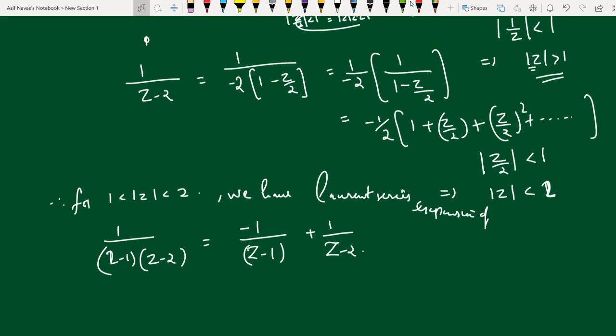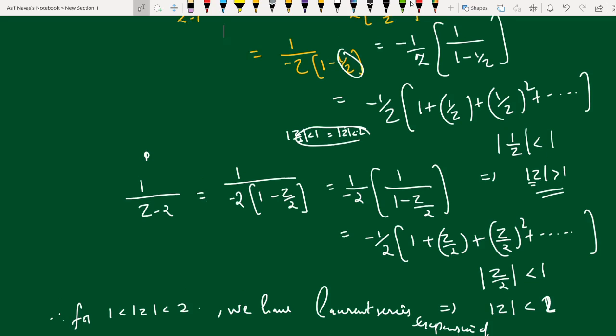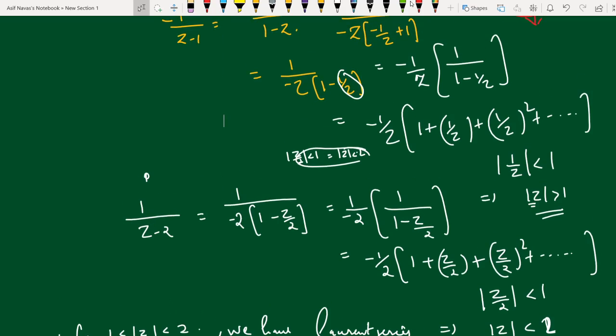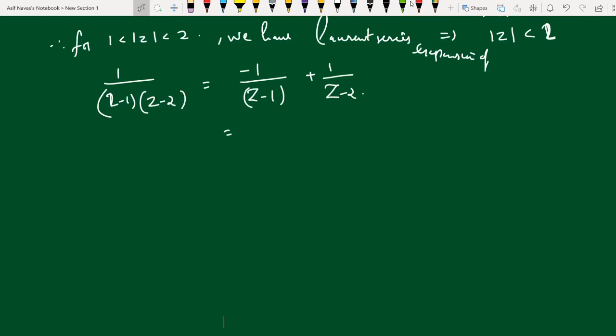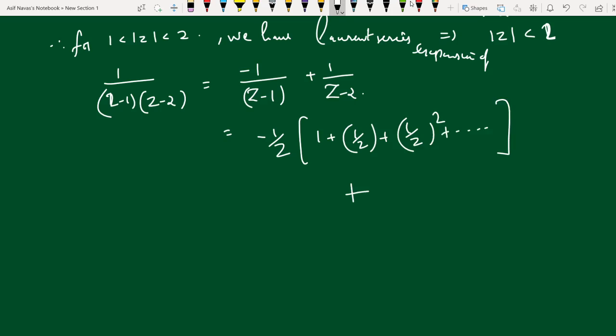So here we can use the expansion. For the first case, what is the series expansion? 1 minus 1 by z, minus 1 by z into 1 plus 1 by z plus 1 by z square plus etc. And what will be the second series?